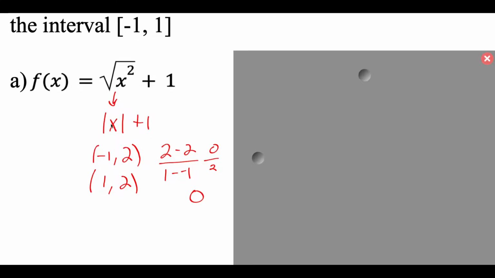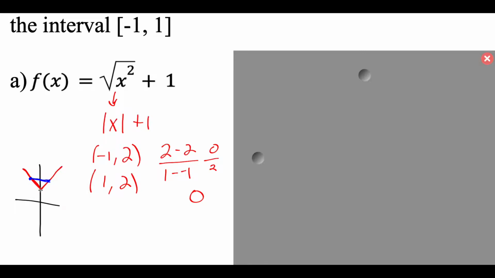This graph, absolute value of x plus 1, well, we know that an absolute value graph is a V-shape, but this plus 1 is going to shift this up one space. And we were talking about these two points at (-1, 2) and (1, 2), so that flat horizontal line. But the problem with this function on this interval is we've got this corner happening in our graph.